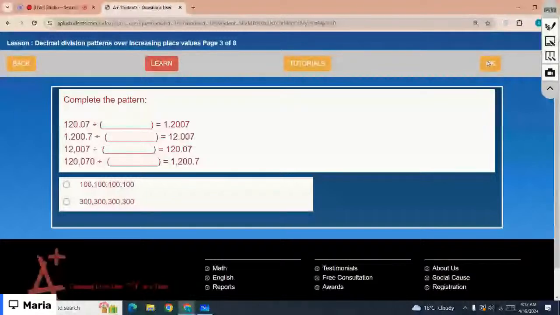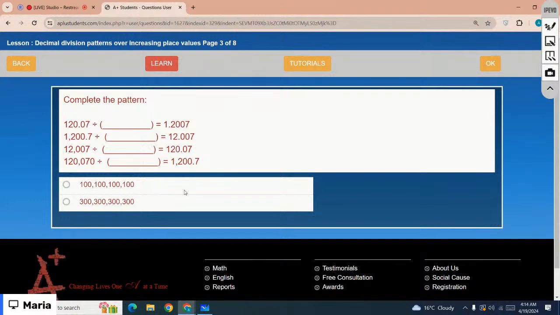Complete the pattern, which is the correct option? Yes, that is again the first option.